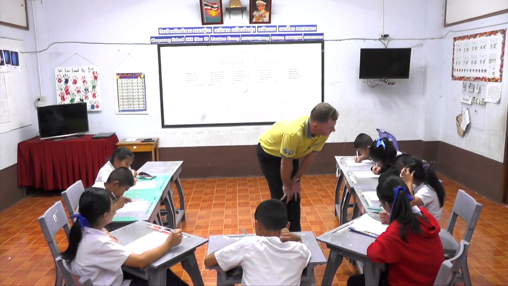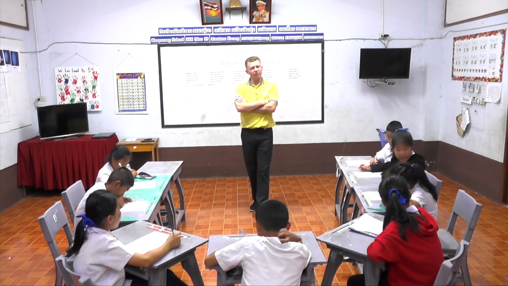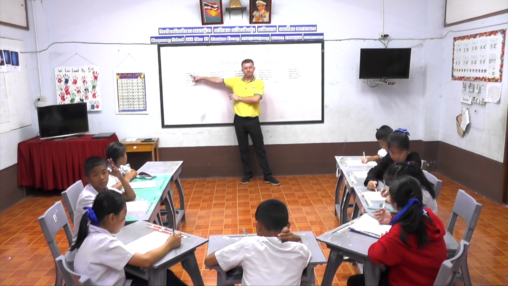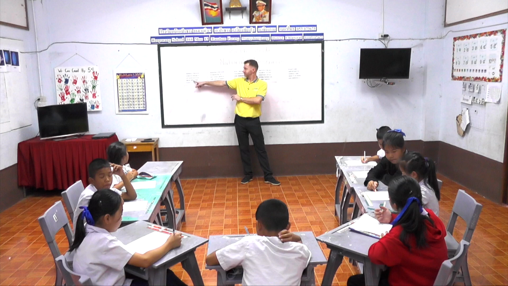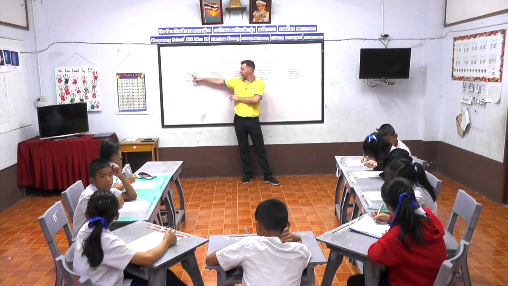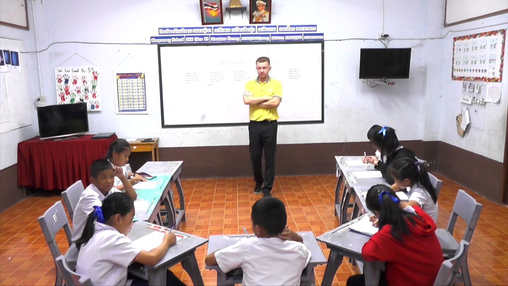How about food? Where do we get lots of our food from? Meat, milk, eggs. So food comes from animals. Lots of different foods come from animals.